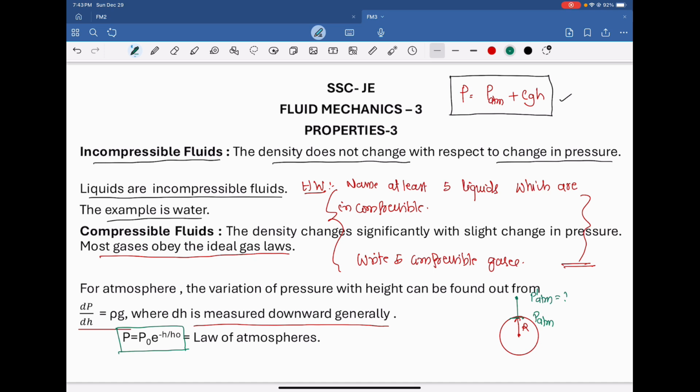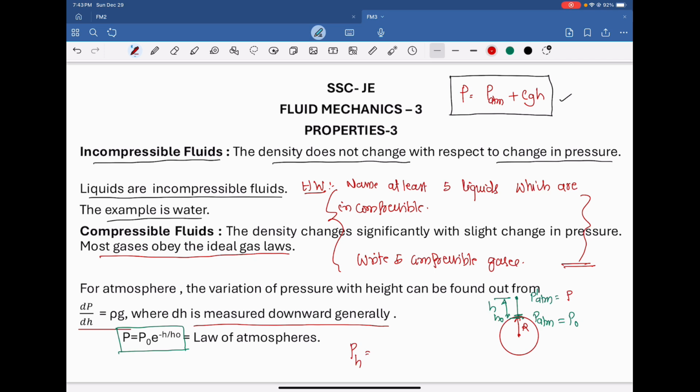If it is measured upward in the atmosphere, as I told you, on the Earth's surface, this is the Earth, this is the radius of the Earth R, and this is the Earth's surface. From this surface, here it is P atmosphere. If I go at a height, then P dash atmosphere is equal to how much?